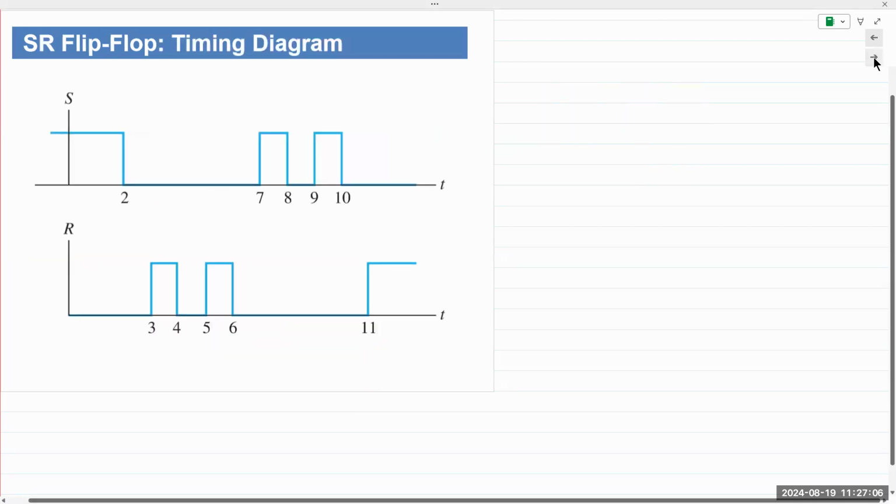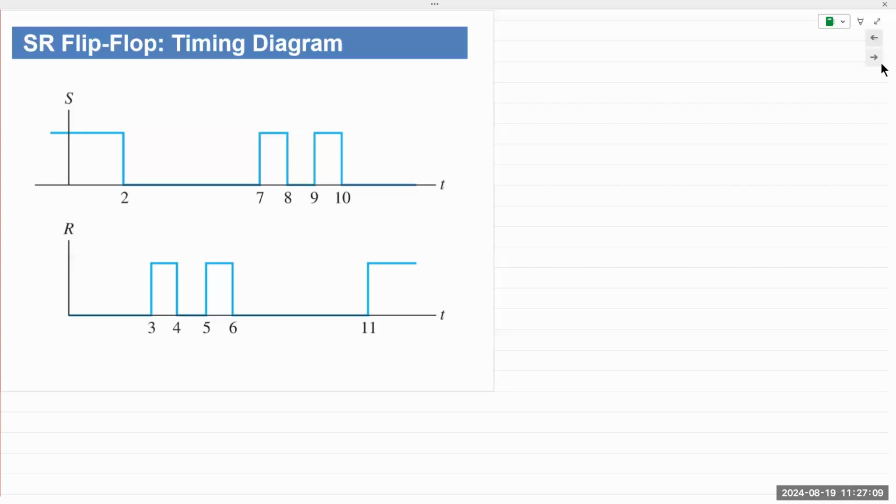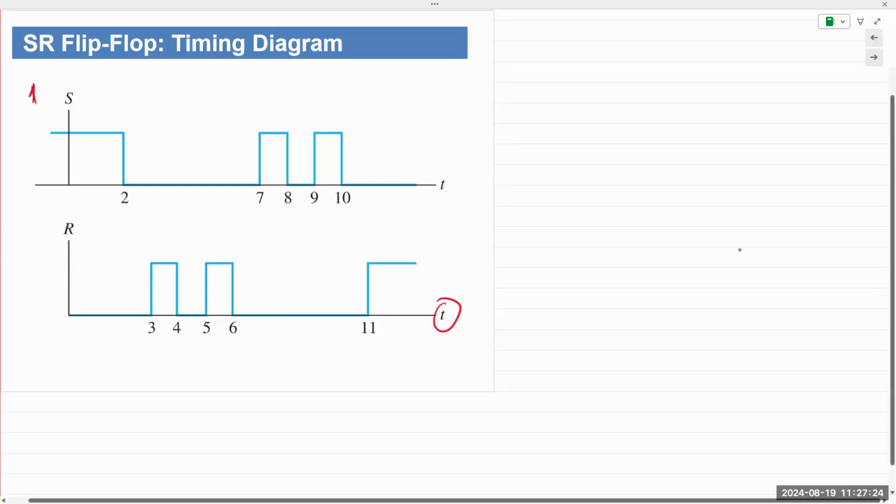The way we would describe this or control this is by something known as a timing diagram. So now this one doesn't have any clock. This is just the two inputs, R and S. Timing diagram, basically, again, we have time on the x-axis. Voltage current would be on the y-axis, but we simply do not refer to the voltages or currents in these timing diagrams.